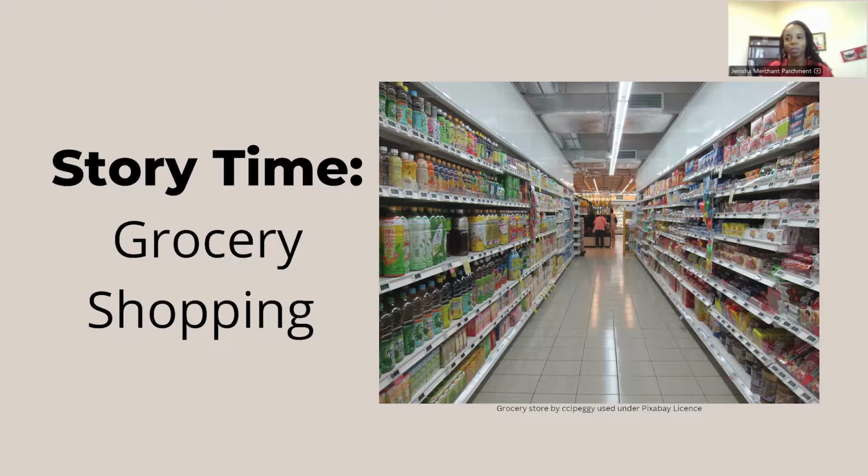So, quick story time. Have you ever been on the way home from work or on the way somewhere and you thought, I really just need to take a quick stop at the grocery store to be in and out in 10 minutes, maybe 5 minutes if you're really lucky?